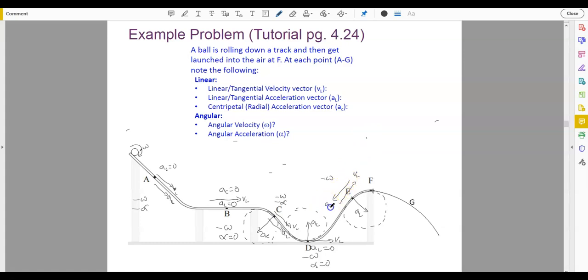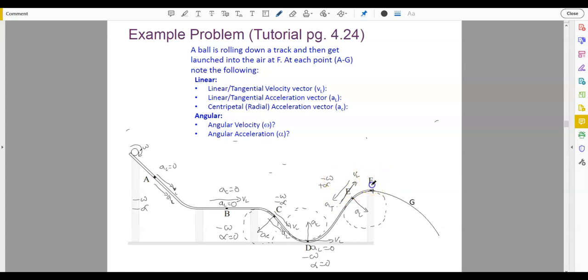So its tangential acceleration vector is actually going to be down and to the left as it's moving up and to the right. And that's because it's slowing down. Glad I caught myself there. Well, since it's slowing down and it's got a negative omega, its alpha has to be positive. And that's what helped me catch my mistake.